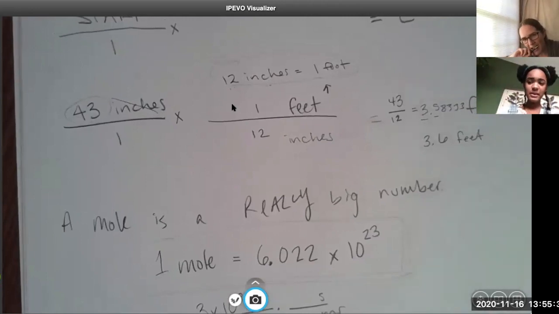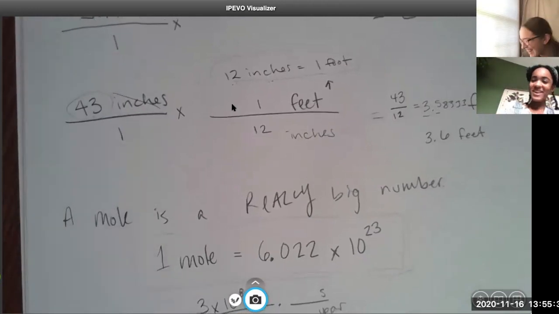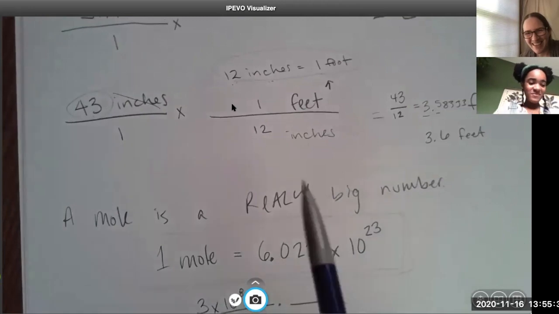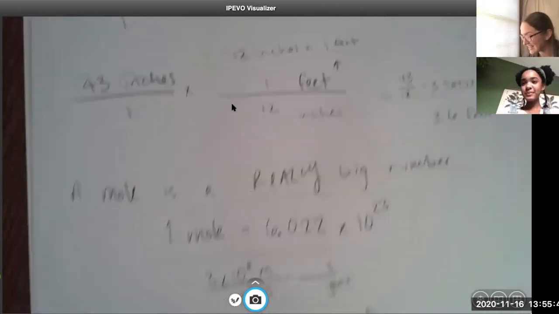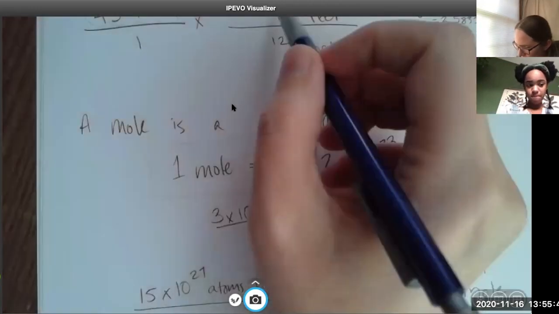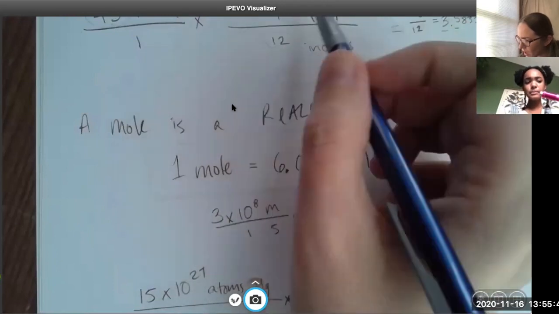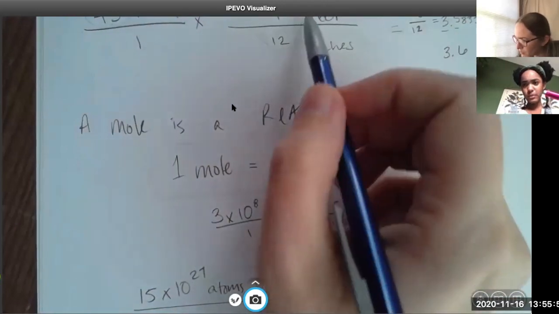Yeah, okay. Because there's that diagonal thing that we do. The numbers here, in the conversion spot, kind of follow the numbers up here.